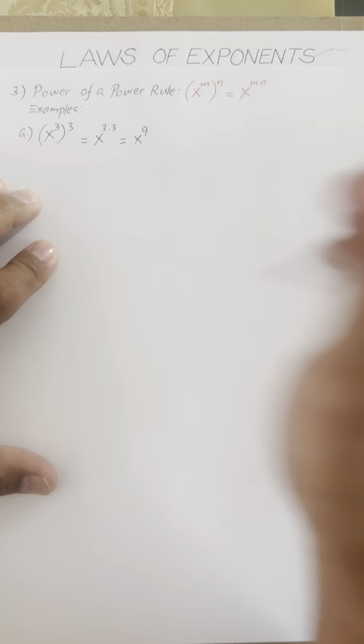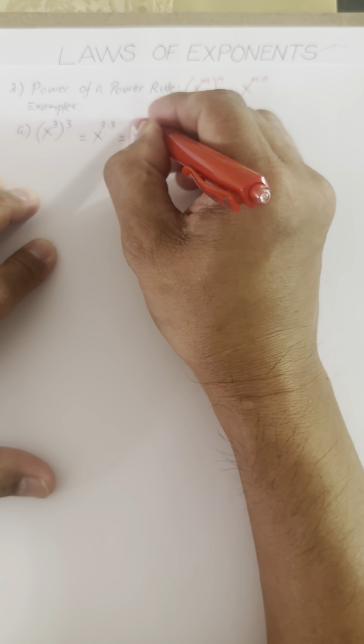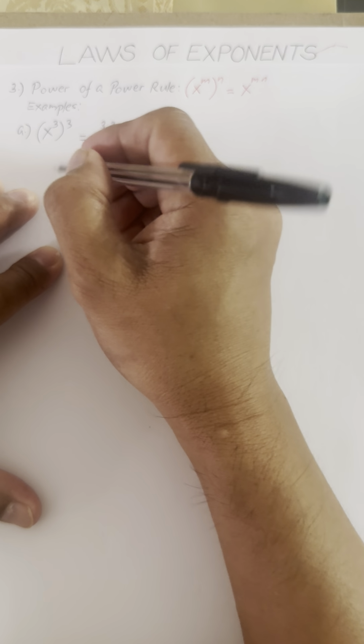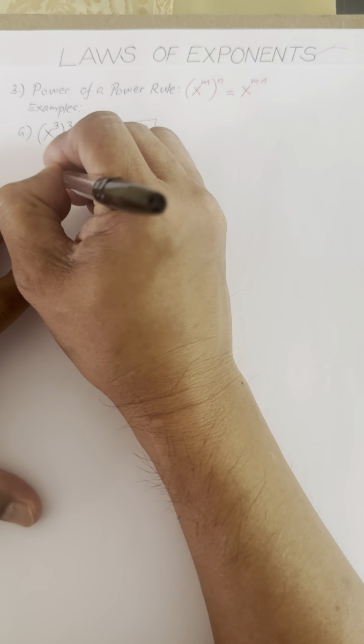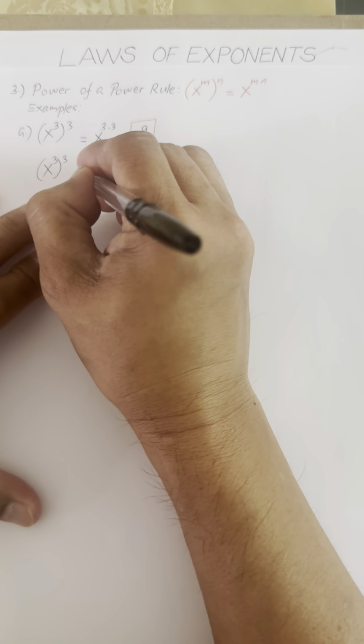So by the use of this rule, you can get the answer immediately. And if you want to do this using the long method, applying the basic concept, this can be solved like this.